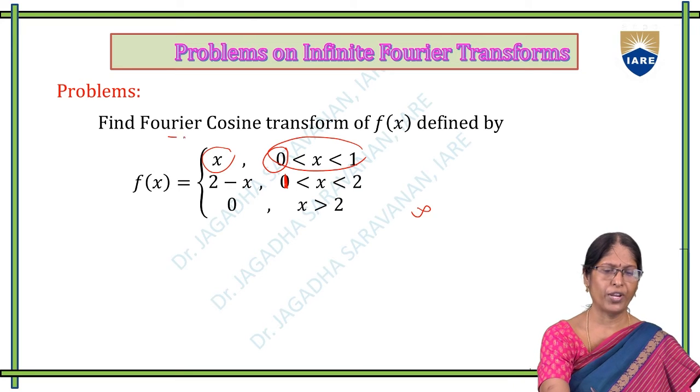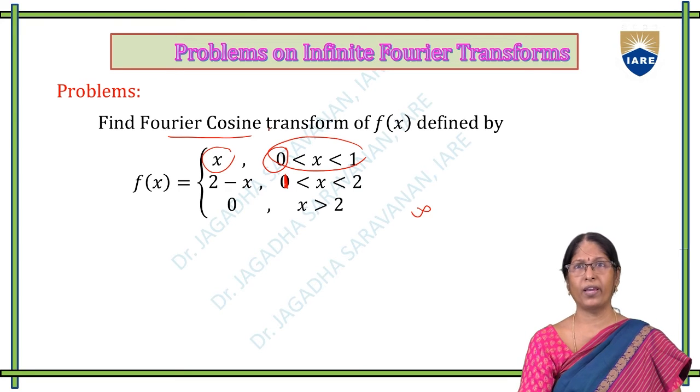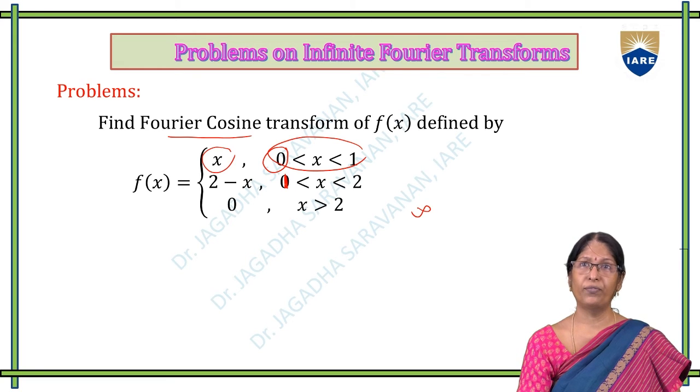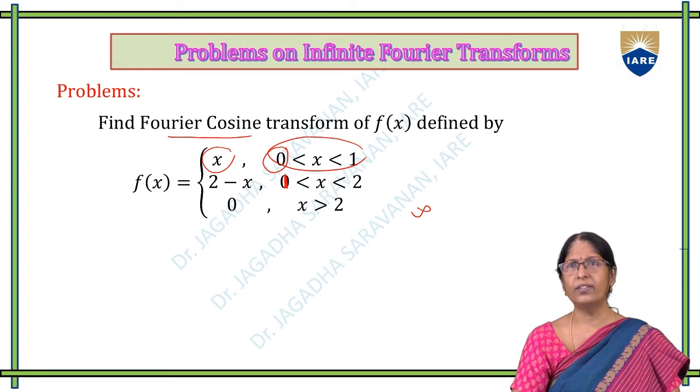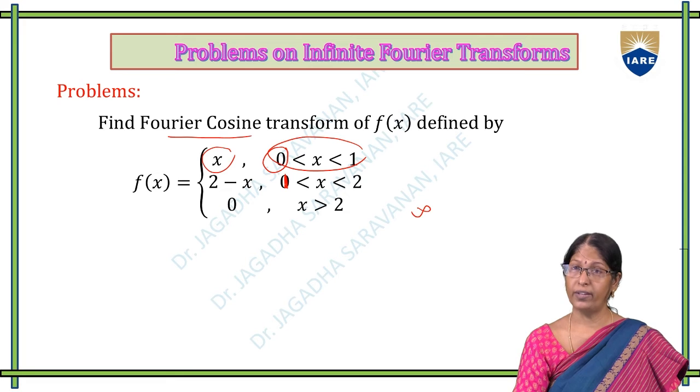We know our Fourier cosine transform formula is integral 0 to infinity f of x cos px dx. But the 0 to infinity is split in such a way: the first is 0 to 1, next 1 to 2, next 2 to infinity.